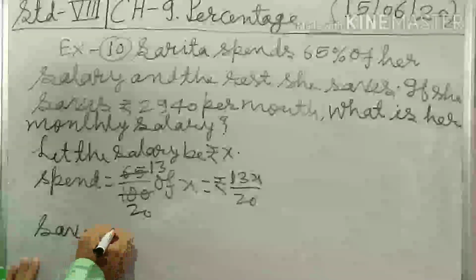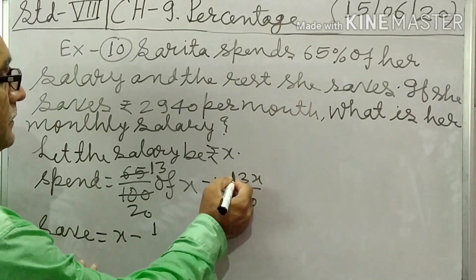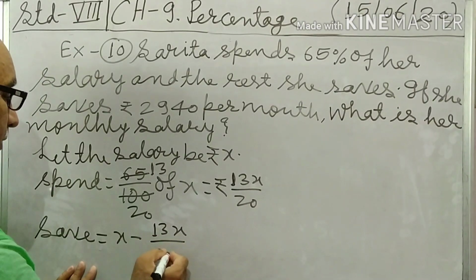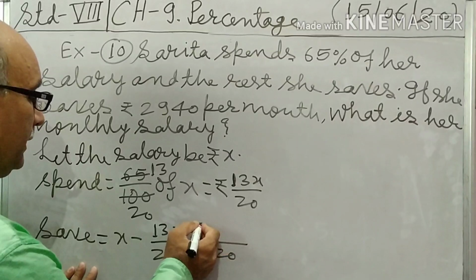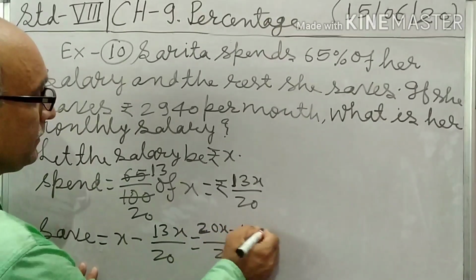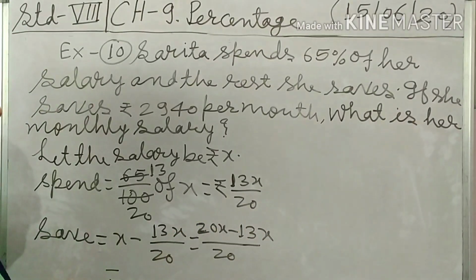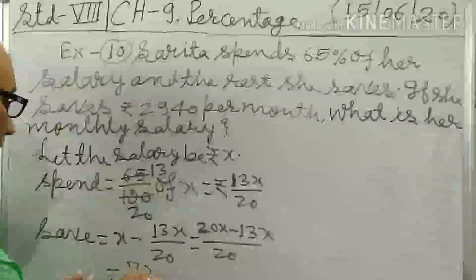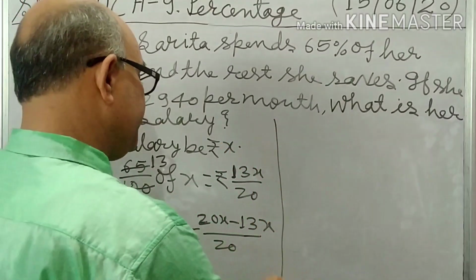Saves equal x minus 13x by 20. LCM 20, so 20x minus 13x equals 7x by 20.